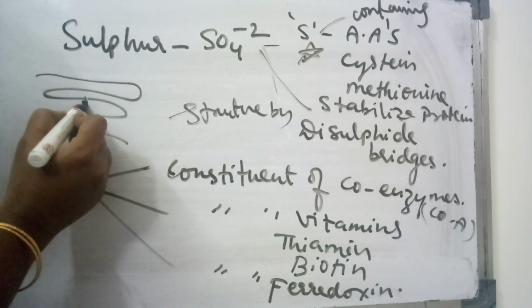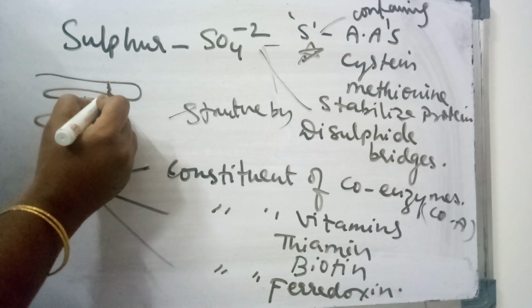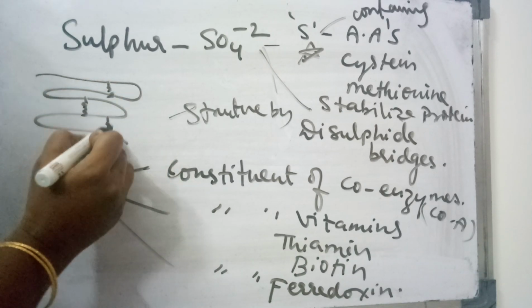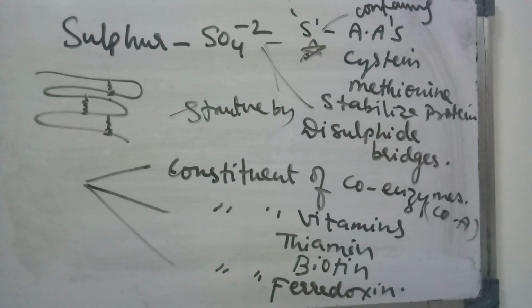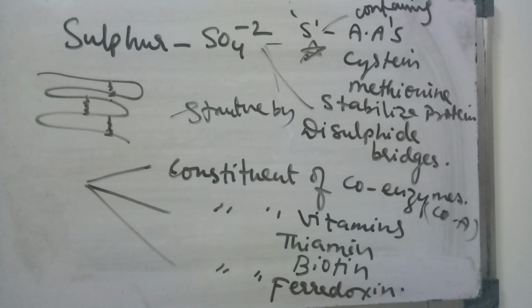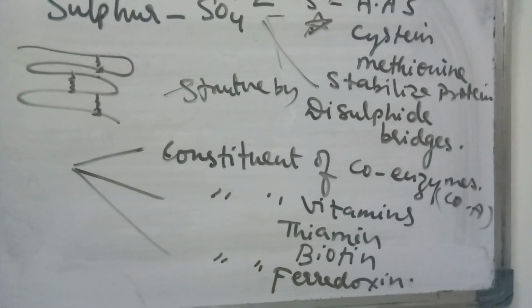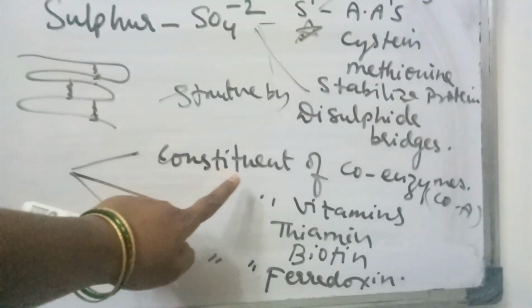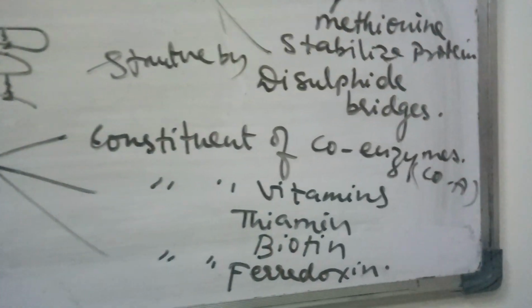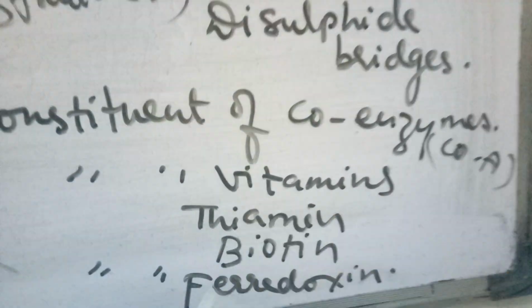During folding into secondary and tertiary structures, disulfide bridges are formed such that the protein structure is stabilized. So the protein structure is stabilized by forming disulfide bridges. There also sulfur is playing an important role. And sulfur is an important constituent of coenzymes, especially coenzyme A.